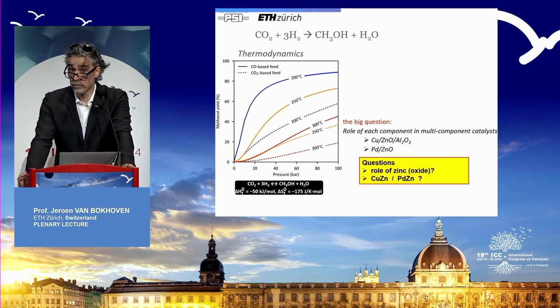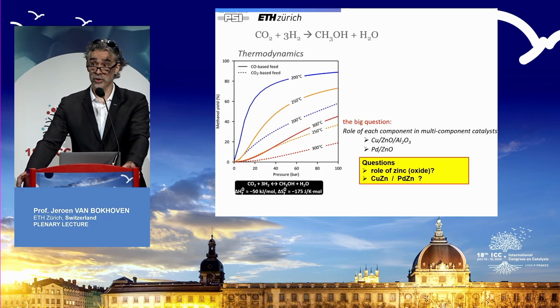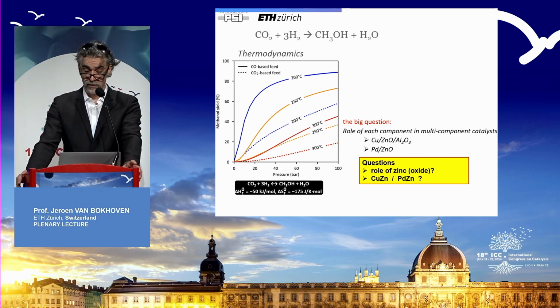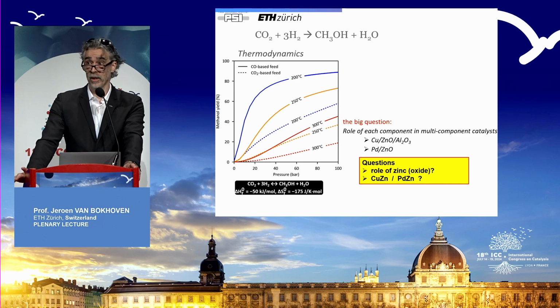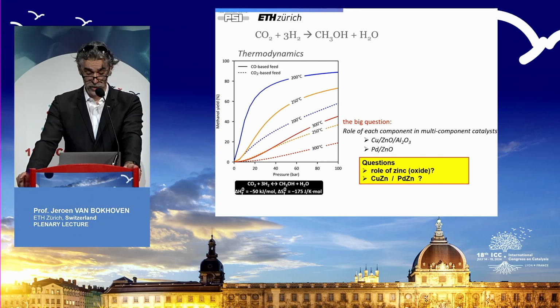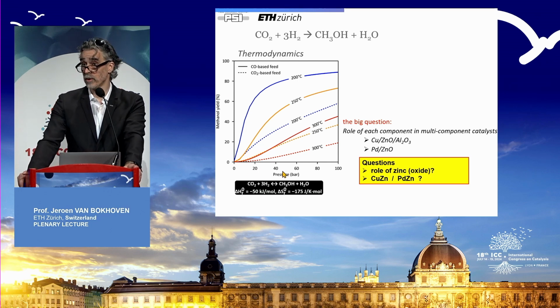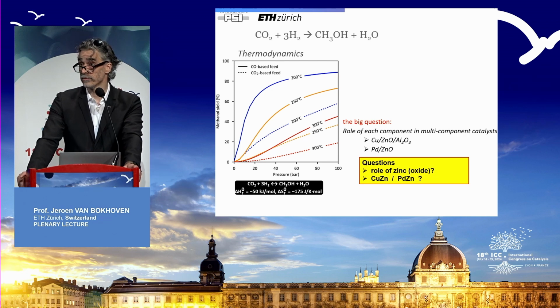So now we go to carbon dioxide hydrogenation. So what's the structure of this catalyst and where will this structure go under catalytic relevant conditions? I talk about pressure, so let's look at the thermodynamics as a function of pressure. On the x-axis, there is the pressure of the system, and on the y-axis, there is the equilibrium methanol yield that you can achieve.